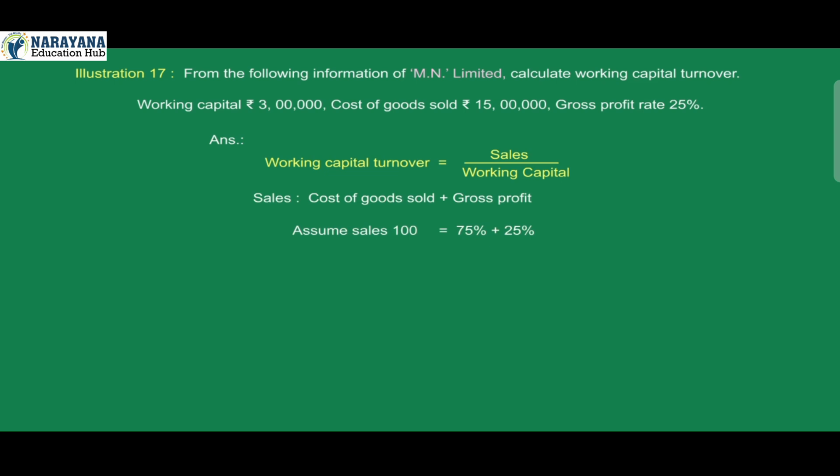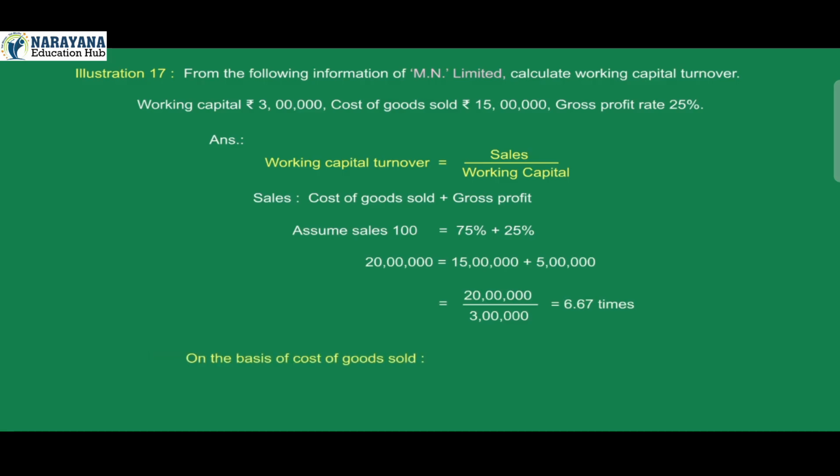Assume sales 100 is equal to 75% plus 25%. So 20 lakh is equal to 15 lakh plus 5 lakh. 20 lakh divided by 3 lakh is equal to 6.67 times. On the basis of cost of goods sold, it is 15 lakh divided by 3 lakh, which is equal to 5 times.